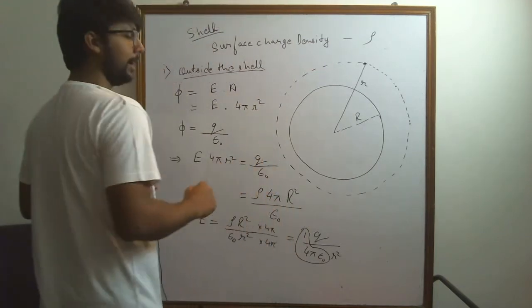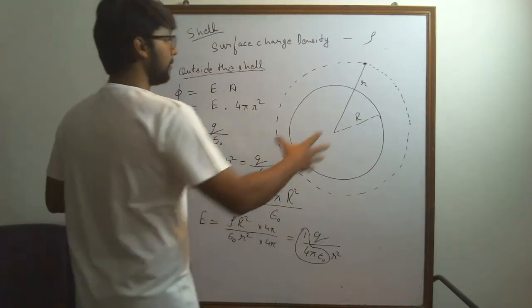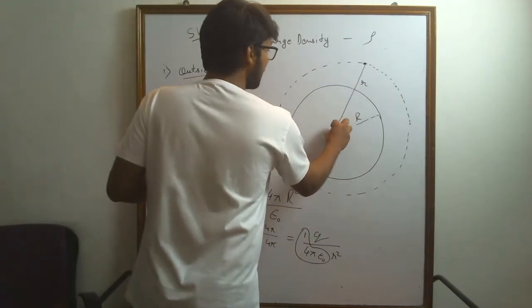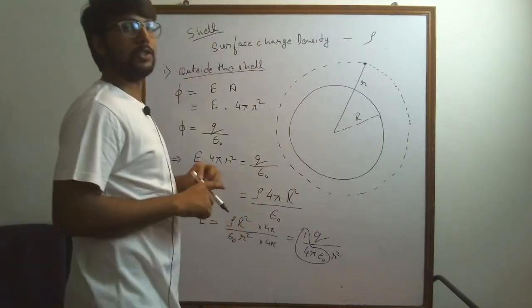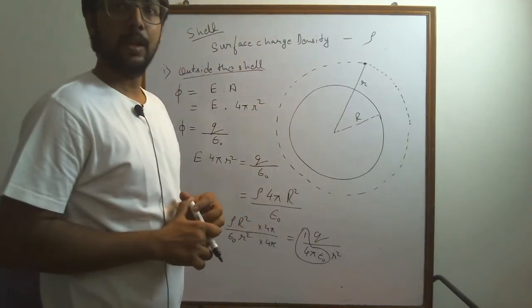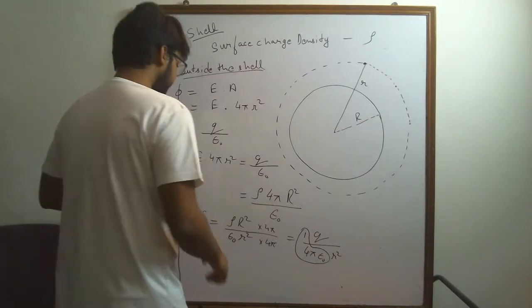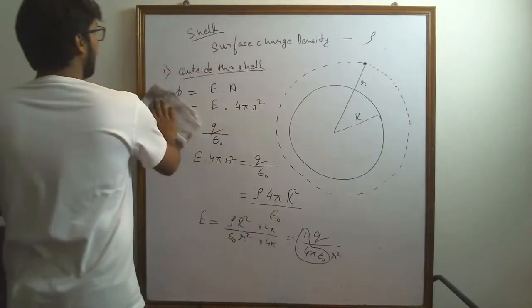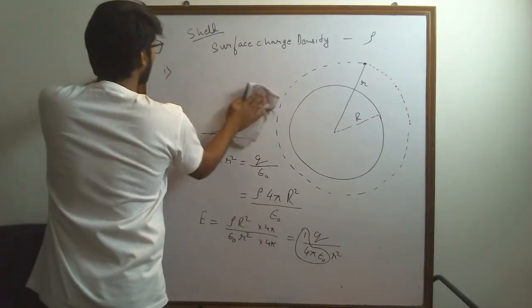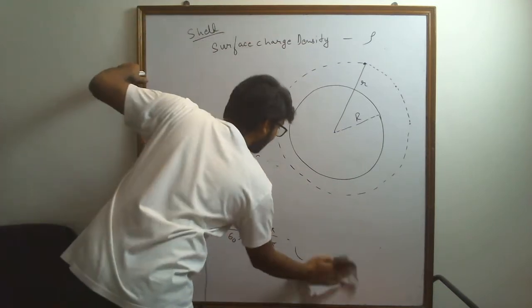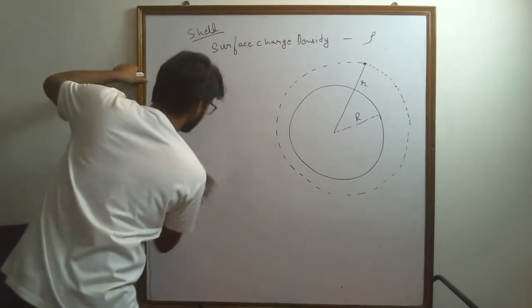Okay, it acts like a point charge, as if all the charge is condensed in the center and it is simply just acting like that. Okay, very important result. Now, the second part of this, which is inside the shell, equally interesting.